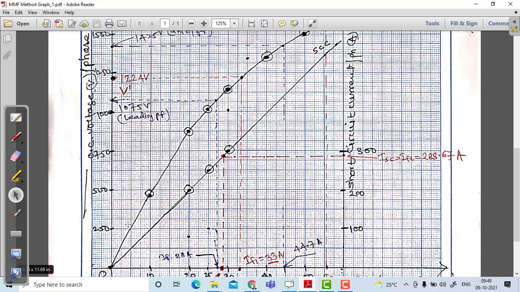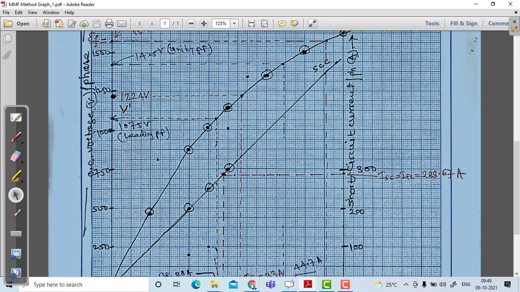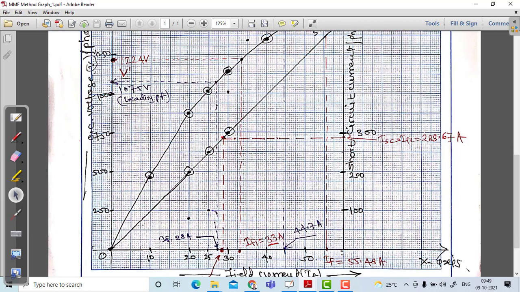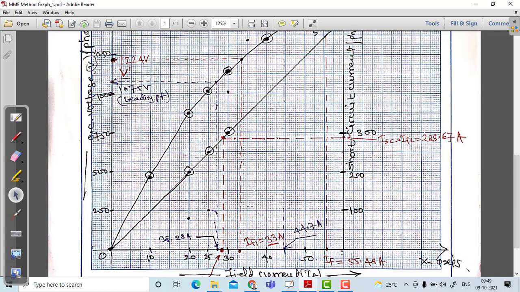The OCC has been plotted, and it is shown like this. So this is the OCC, and the short circuit characteristic is a straight line passing through the origin.